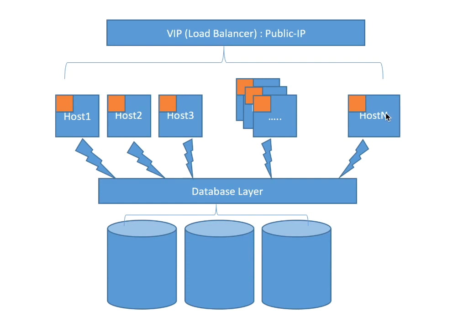The typical update process for a software upgrade works like this: initially host 1 will be taken out, virtually leaving behind the VIP with n minus 1 hosts available behind the VIP. The host will be updated with the new software.